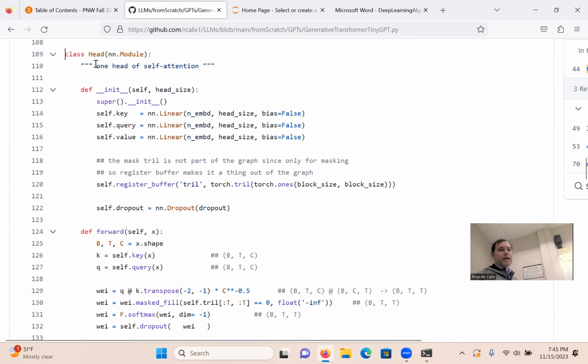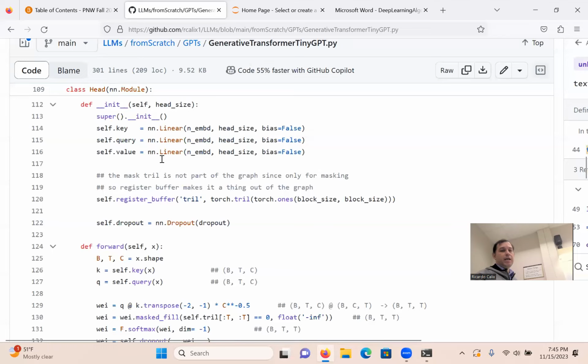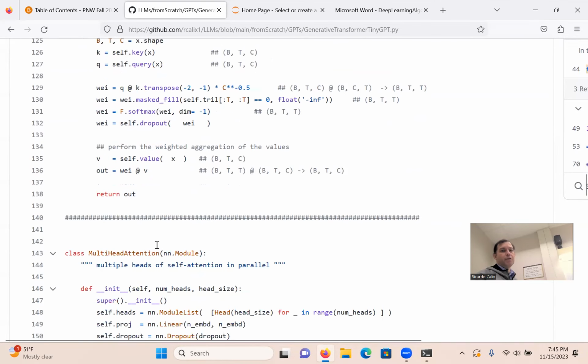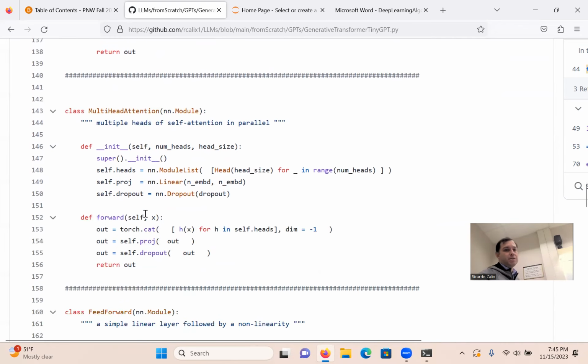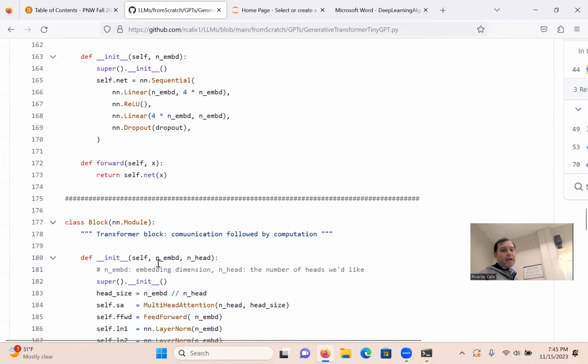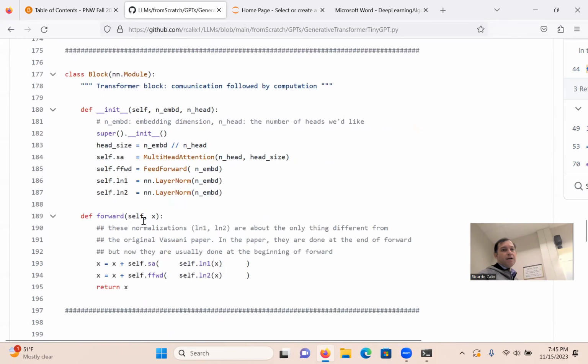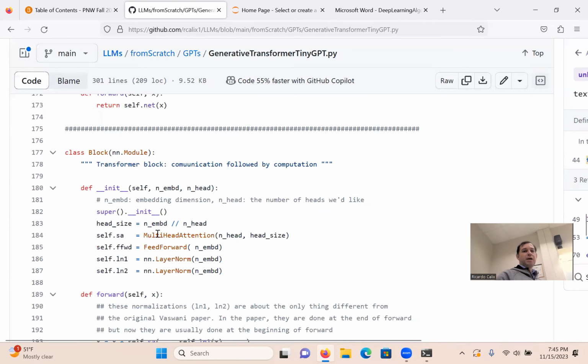All right, so notice we got the head, right? That's got our familiar init function and forward function. Then I have a multi-head attention class. You can see the same here. I got the feed forward classes. I got blocks, right? And if you notice, a block is made up of what?